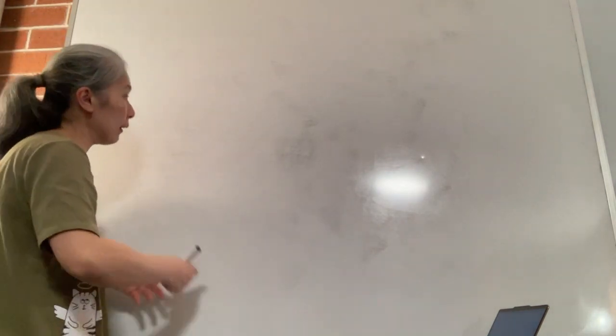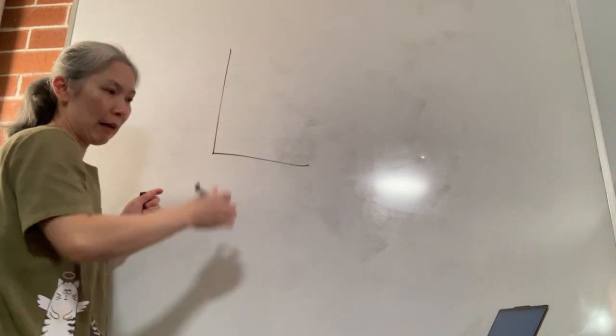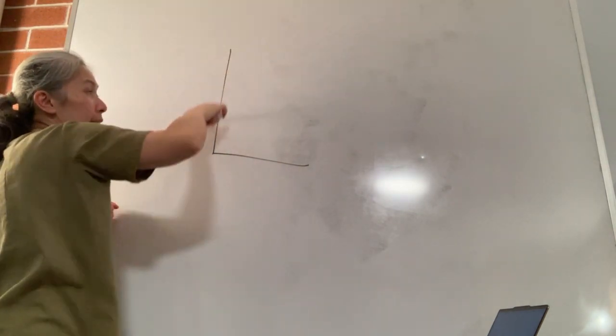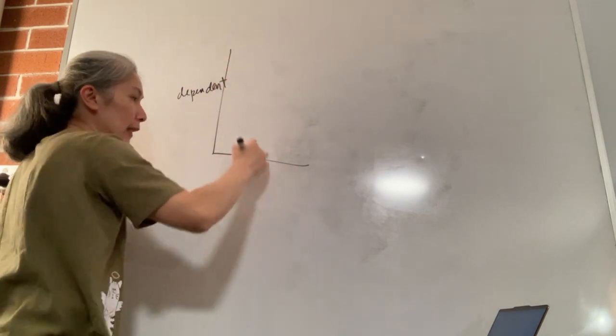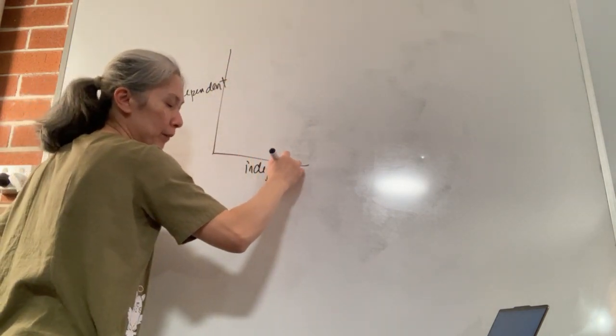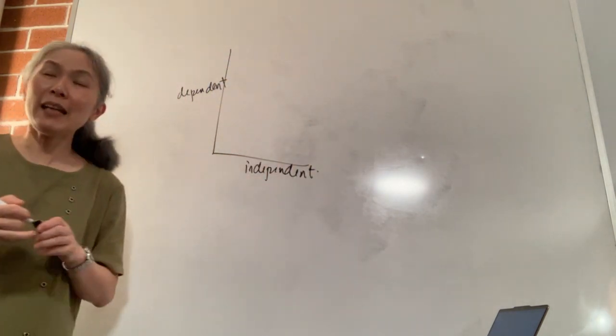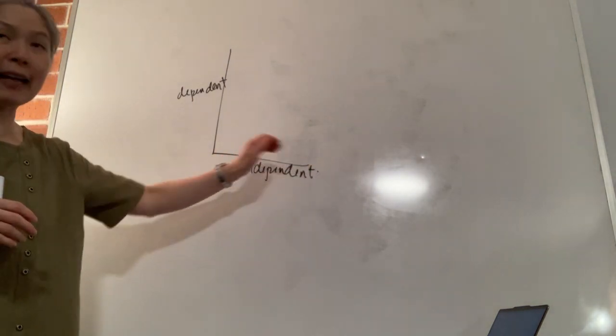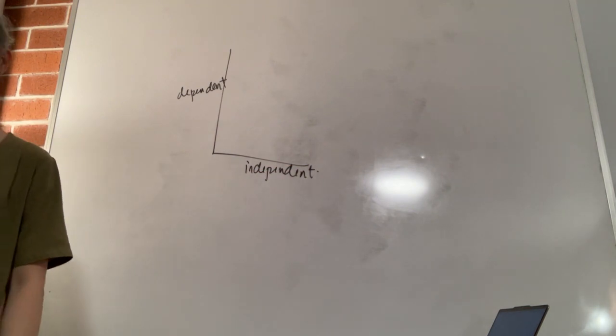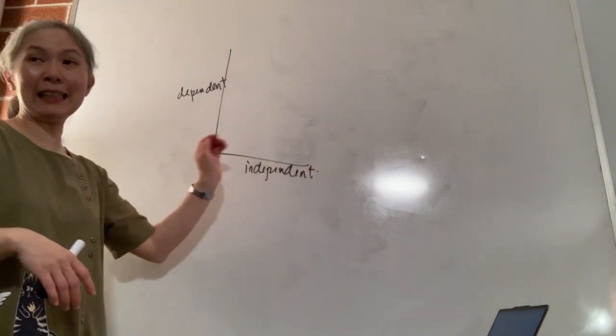Okay, if you look at the number plane, this side in here is called the dependent. And this one is the independent. If in the questions they told you the x is the independent, make sure you have x in here. If they told you the t is independent, make sure your t is in here.